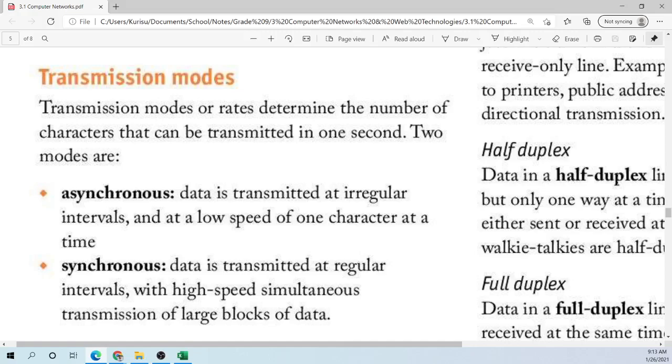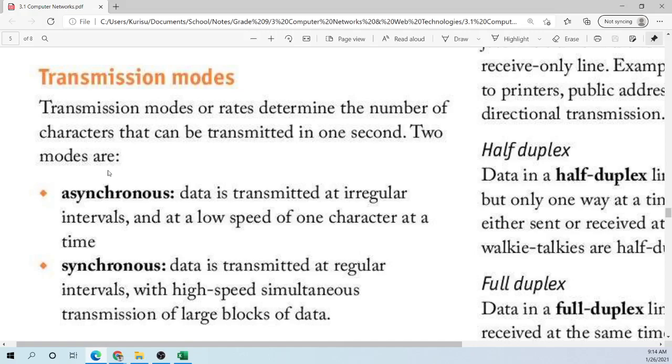Two modes are asynchronous: data is transmitted at irregular intervals and at a low speed of 1 character at a time. Synchronous: data is transmitted at regular intervals with high-speed simultaneous transmission of large blocks of data.